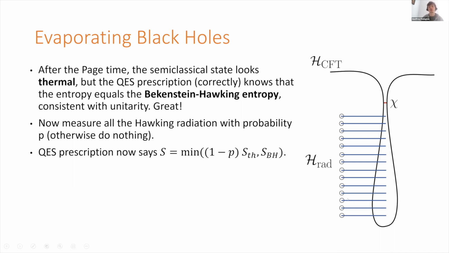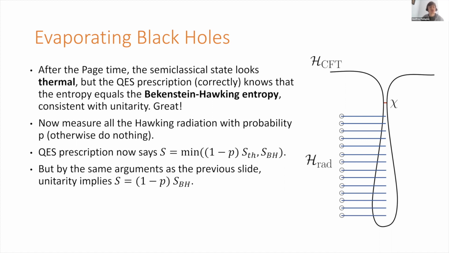Okay, so the QES prescription says there are two possible extremal surfaces. There's an empty one, which has generalized entropy 1 minus P times the semi-classical entropy. And there's this one at the horizon, which still has generalized entropy equal to the Bekenstein-Hawking entropy of the black hole. Okay.